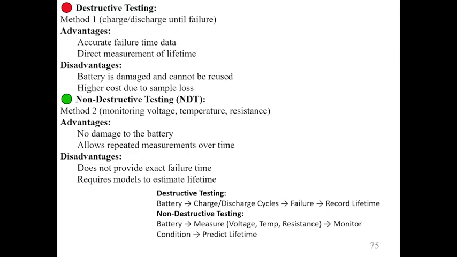Last week, I delivered some lectures regarding destructive and non-destructive testing. So by using this example, I want to just show you what is the difference between them.